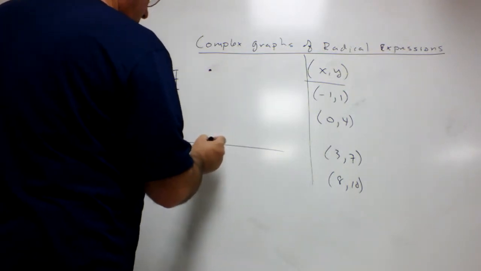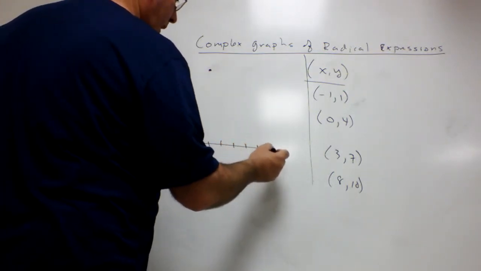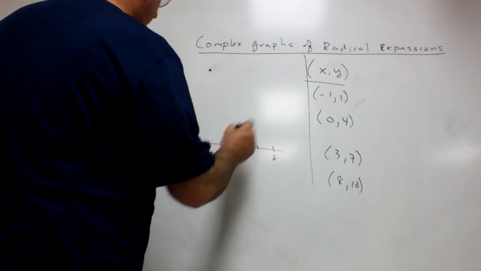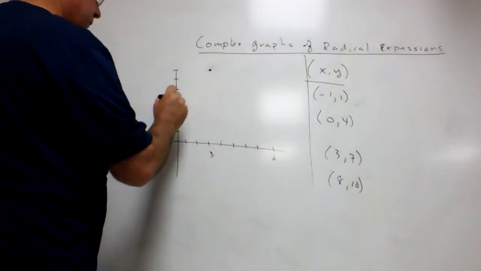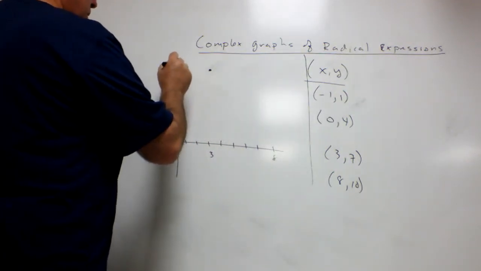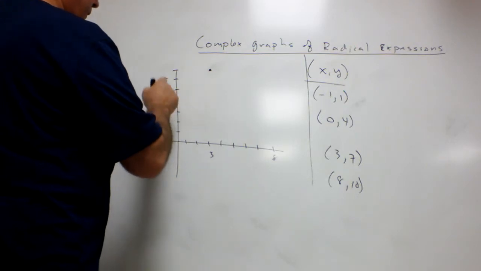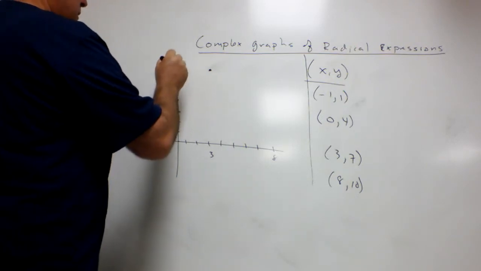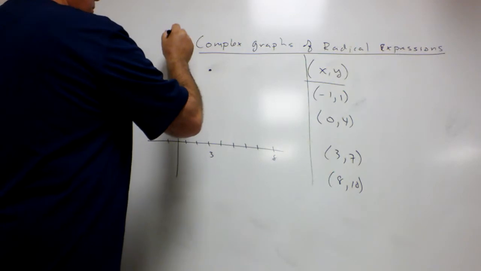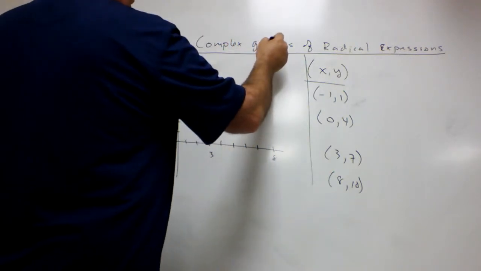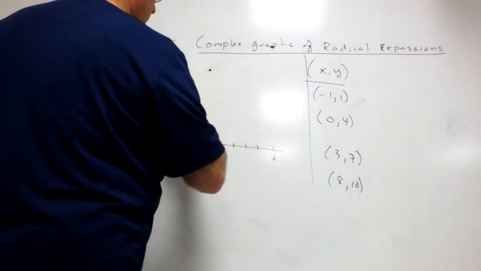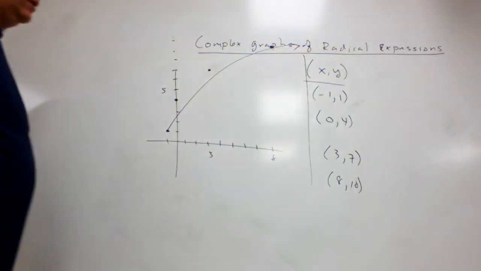And at 8, 4, 5, 6, 7, 8, we're at 10. So 1, 2, 3, 4, 5. Let's see, 1, 2, 3, 4, 5, 6, 7, 8, 9, 10. We should be about here. And we're going to do something like that.